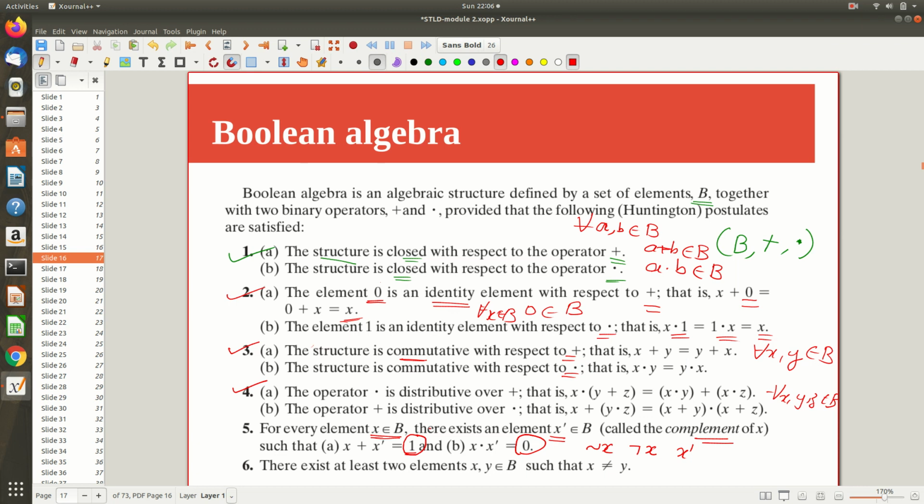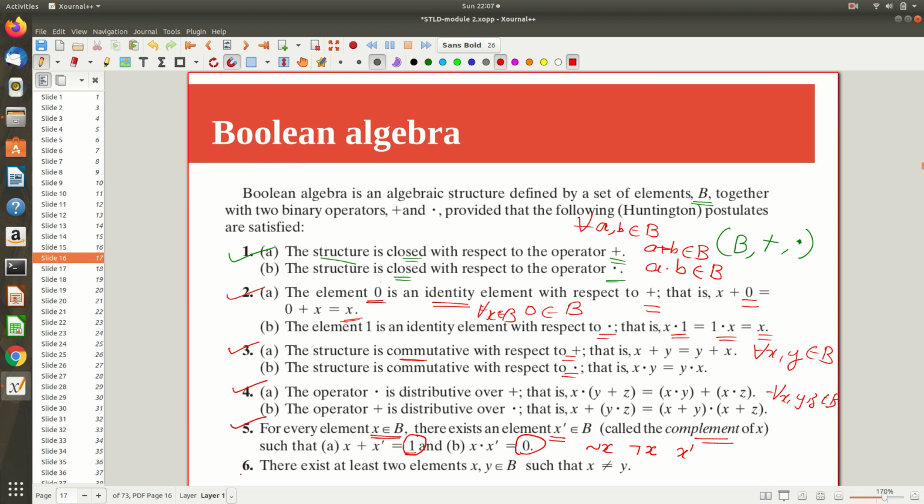But instead we need something called a complement. And what is complement? This is the way we are defining a complement. Any element plus its complement should give you the identity element of the other operator, that is dot. Similarly, any element dot its complement should give you the identity of plus. So that crossing is happening here. So the identity is different. Okay, hope it is clear.